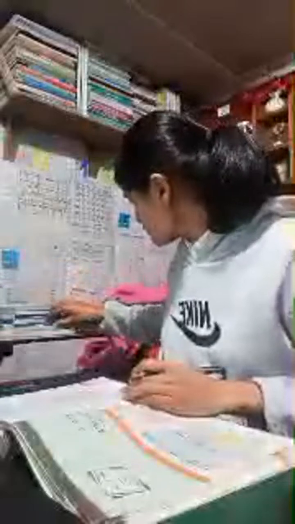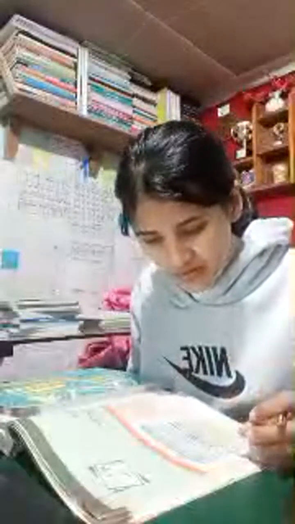Ecosystem. An ecosystem can be visualized as a functional unit of nature, where living organisms interact among themselves and also with the surrounding physical environment.